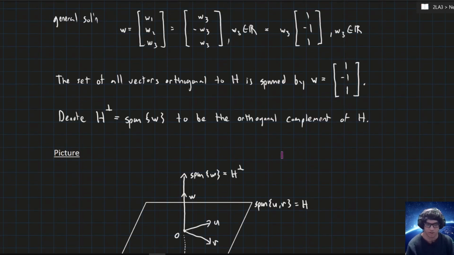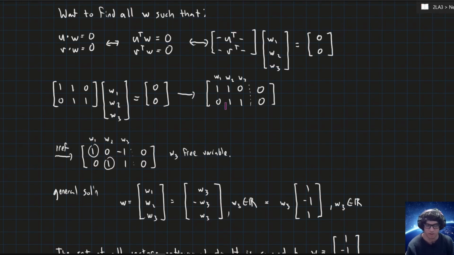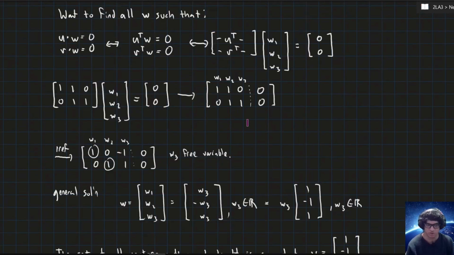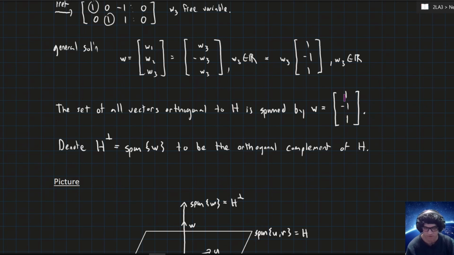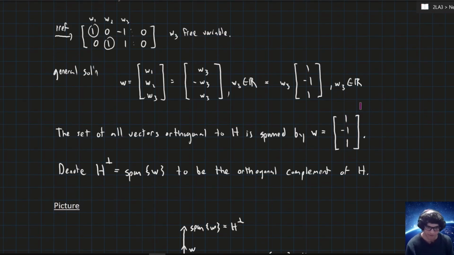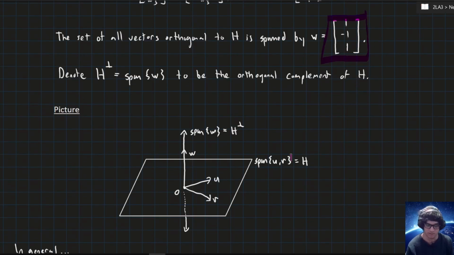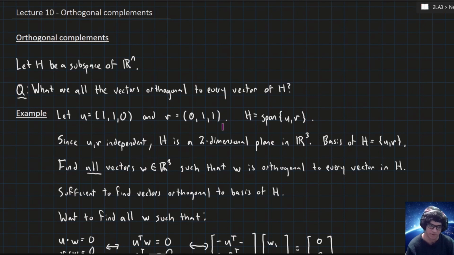We would form a matrix A, which just had W as a row, and then we would solve for the null space of this vector set as a row. And then what we would get is the null space of that would be spanned by this. So you might want to try that as an exercise. Do it the other way around and it'll still work.